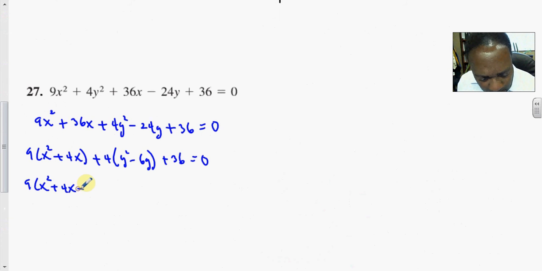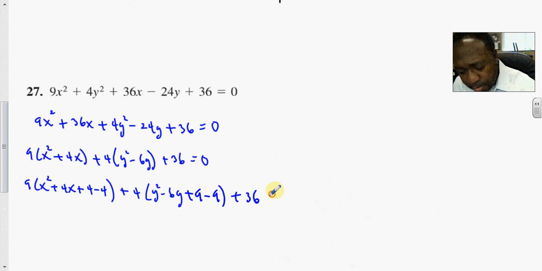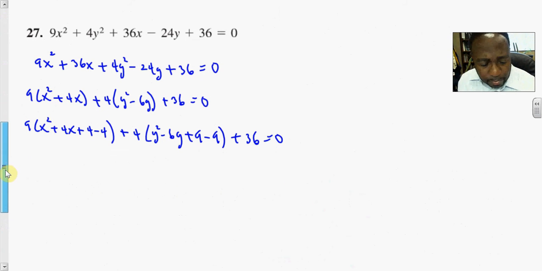We square it, we get 4, so we add 4 and subtract 4 within the parentheses. Plus 4 times y squared minus 6y. Take half of the -6, we get -3. We square it, we get 9, and we subtract 9. Plus 36 equal to 0.